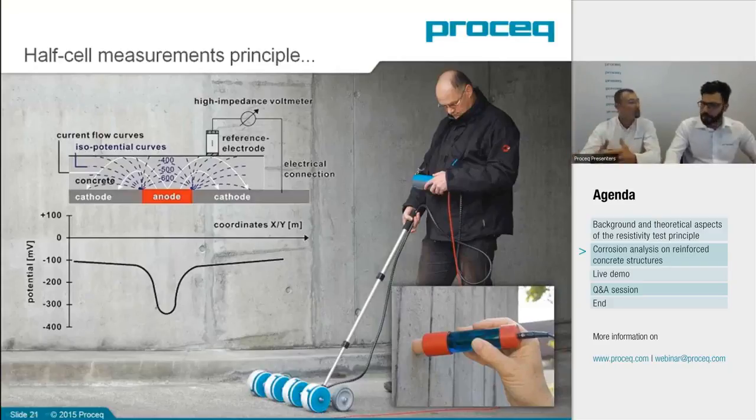But hey, if you're dealing with a bridge deck or pier, you need something more. So what we came up with at PROCEQ was the first and only wheel electrode, and we had the chance to estimate the difference in productivity, which is huge.